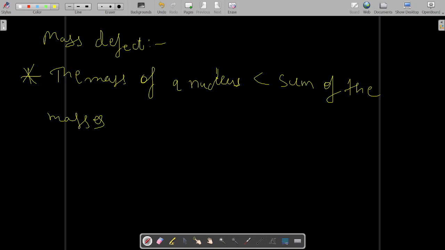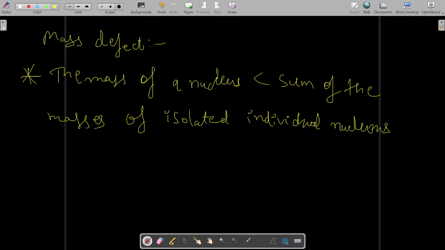So the mass of the nucleus is less than the sum of masses of isolated individual nucleons. That implies there is a mass defect, right?